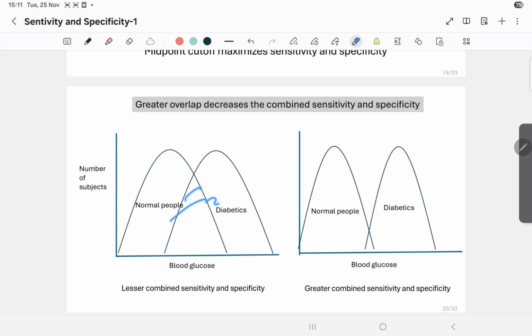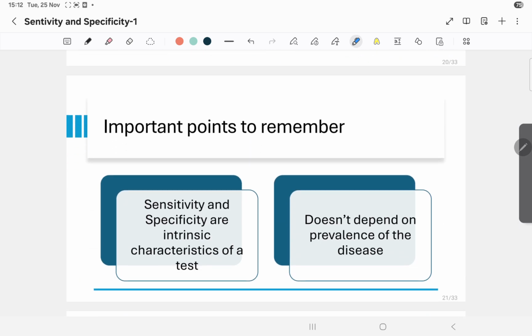And greater the overlap, the lesser the combined sensitivity and specificity. Lesser combined sensitivity and specificity because there is a greater overlap, and greater combined sensitivity and specificity because there is minimal overlap. I hope this is clear.